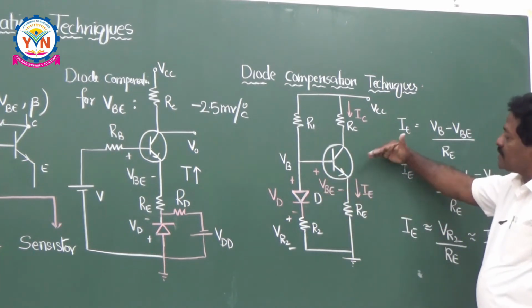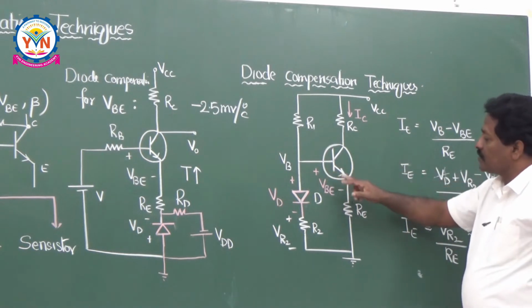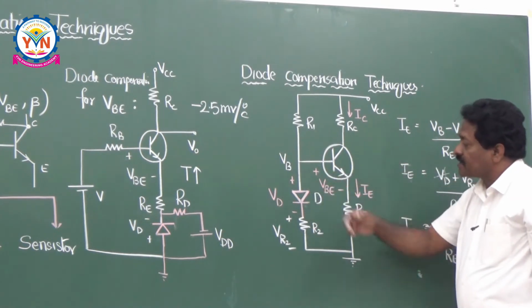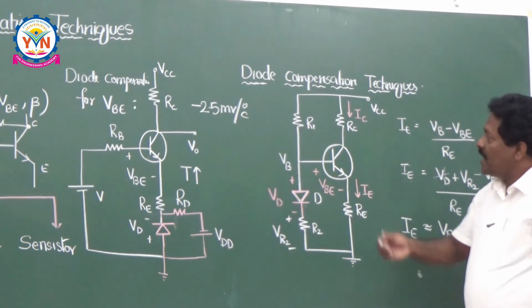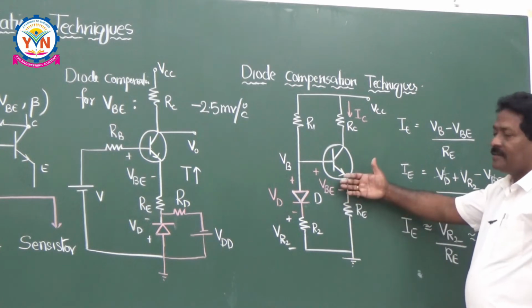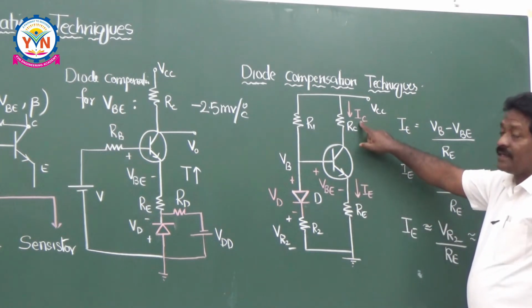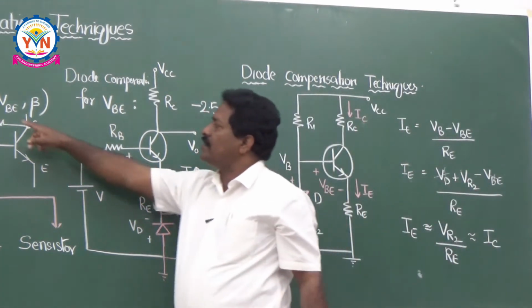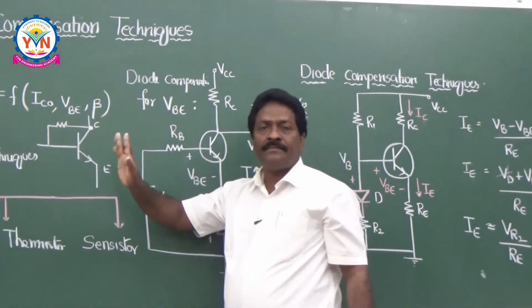If temperature changes, VBE also changes and VD changes. But these two changes are in opposite direction, the net change is 0. IC should be independent of the temperature. This way we are compensating the change of collector current, because collector current is a function of these three parameters, Ic naught, VBE and beta.